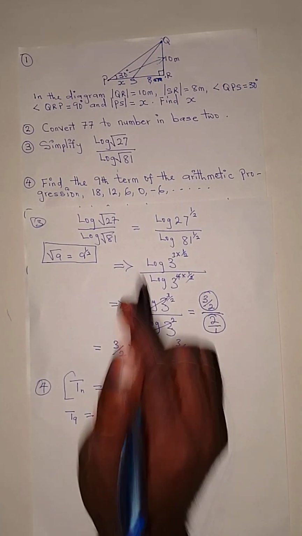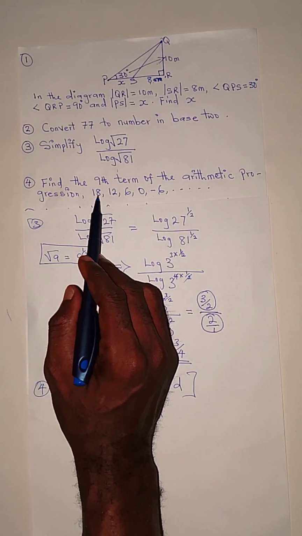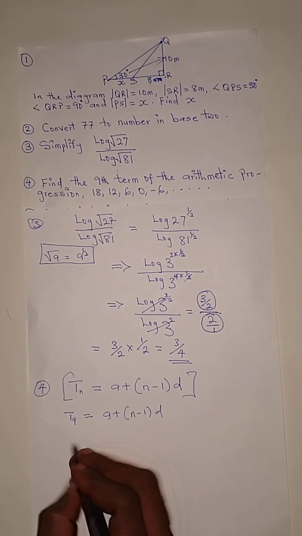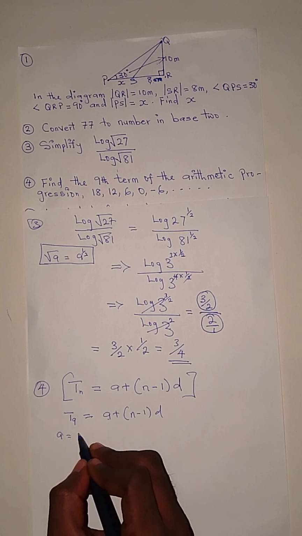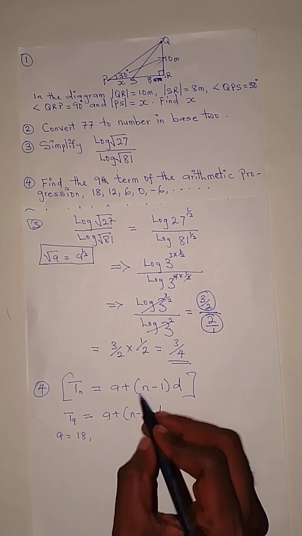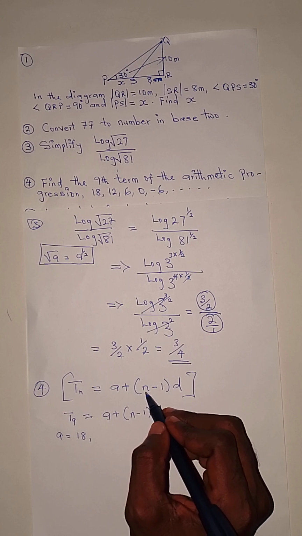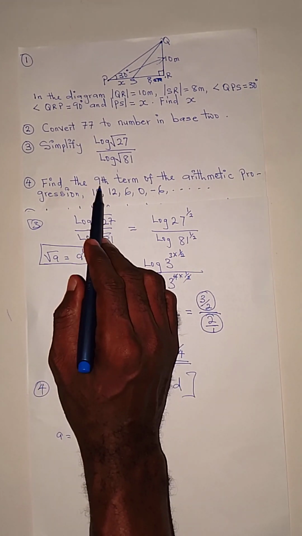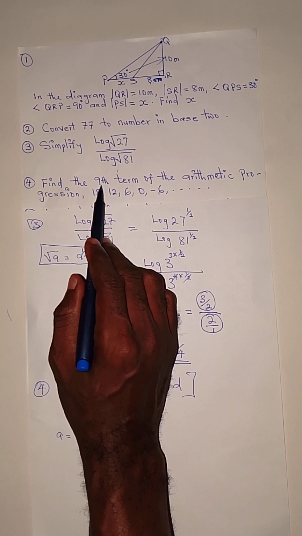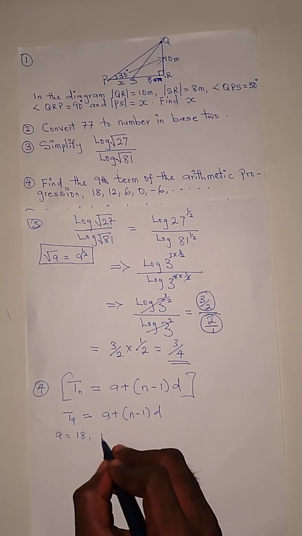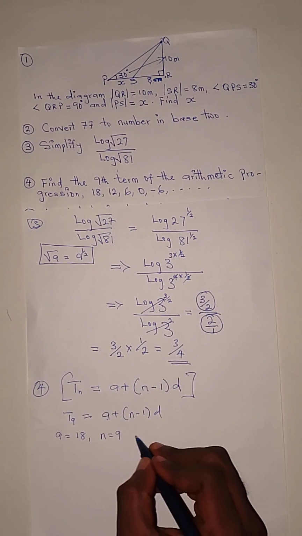Now the first term is the first number that you have here. That's the first term. So we can say that A is equal to 18. Now, what is the value of this n? N is the number of terms. So we are asked to find the 9th term. So n is 9. So we can say that n is equal to 9.